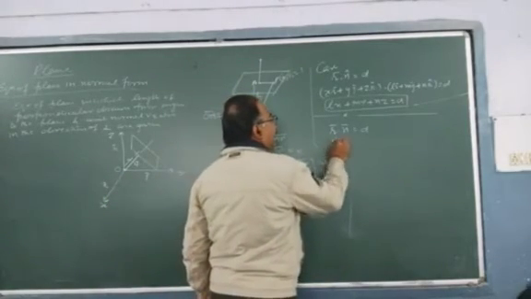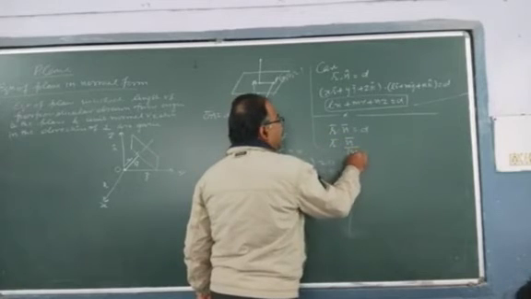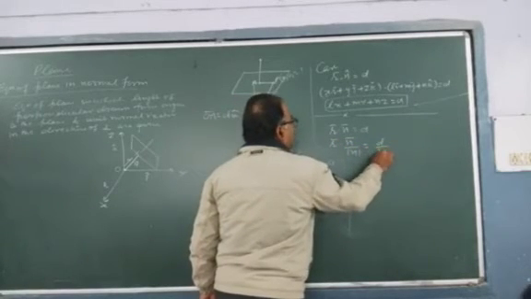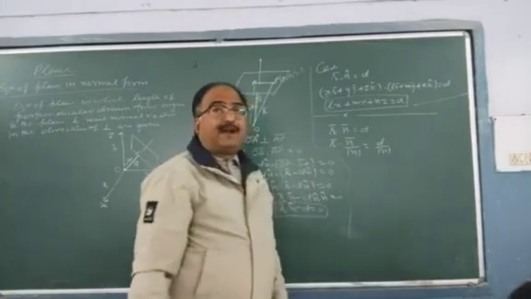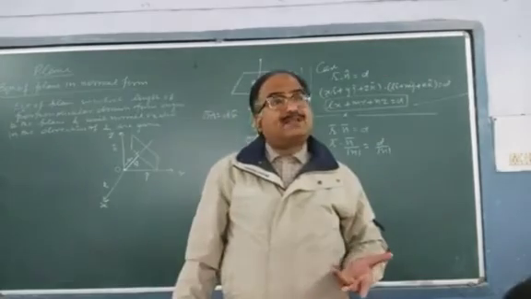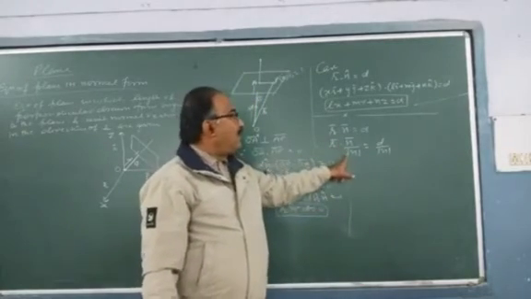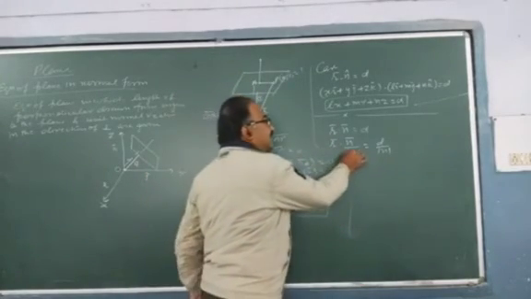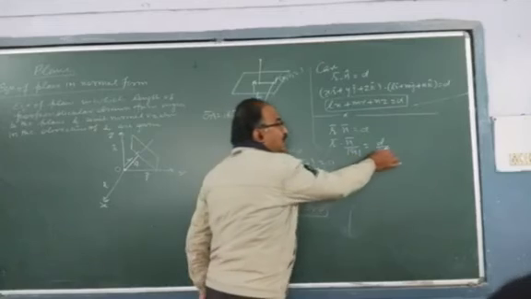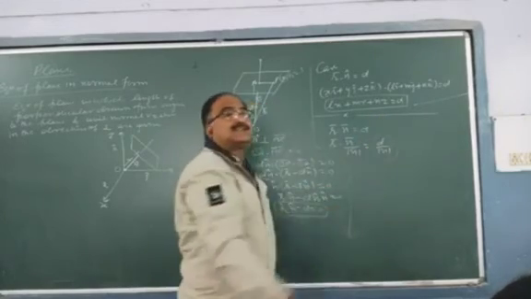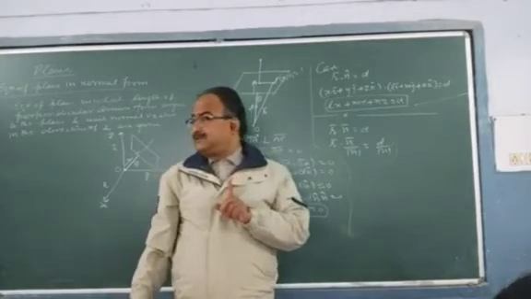You divide both sides by its magnitude, because you know a vector upon its magnitude gives us the unit vector. Clear? So n upon its magnitude gives us n cap. Now this will become the distance of the plane from the origin.